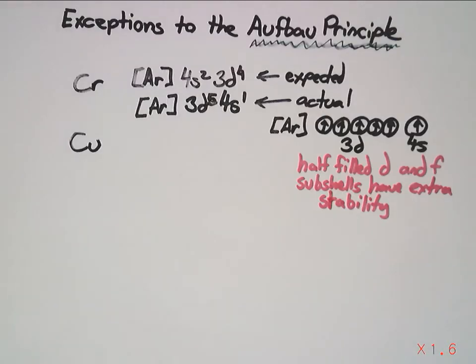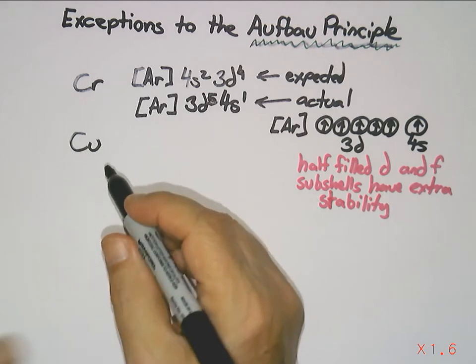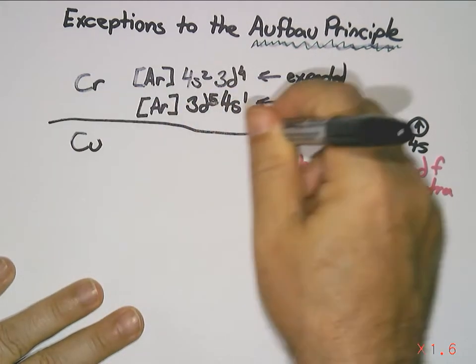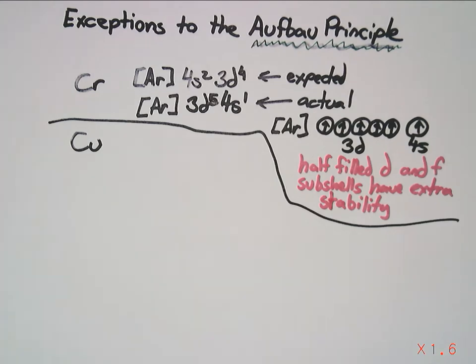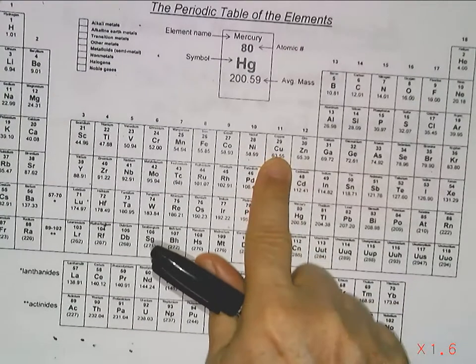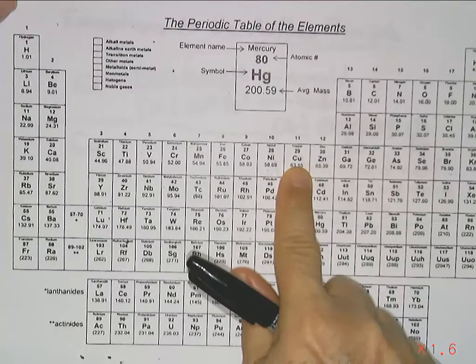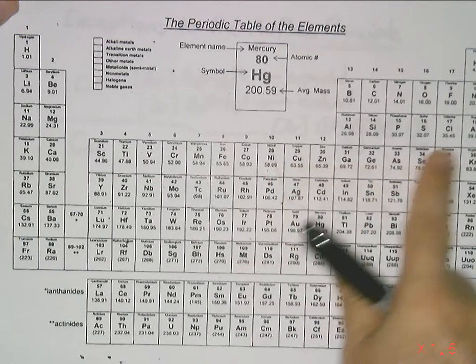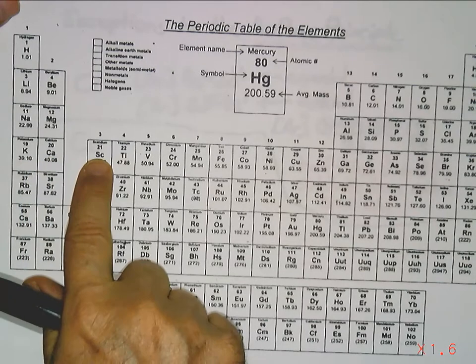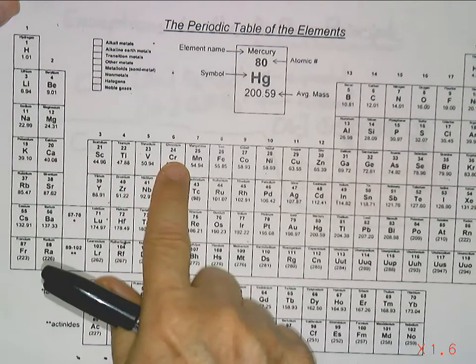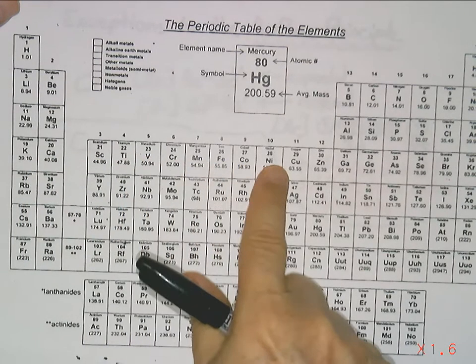All right, let's look at another exception. Copper also doesn't give us what we expect. Here's copper. Let's do its electron configuration. It's going to be argon, 4s2, 3d, 1, 2, 3, 4, 5, 6, 7, 8, 9.